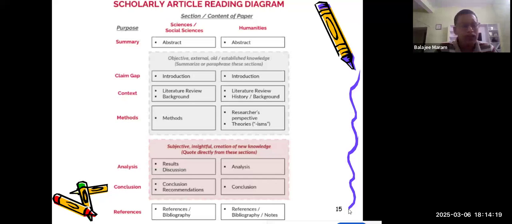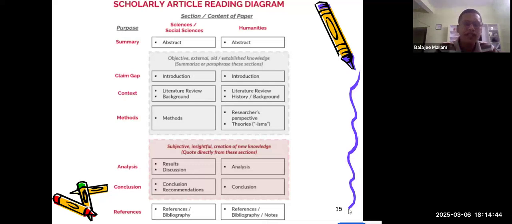And conclusion. Definitely, in both papers, conclusion plays a vital role. In the sciences paper, we need to write conclusion and recommendations, which means future enhancements. Suppose the next researchers or some junior researchers should get some idea of what the research scope is.